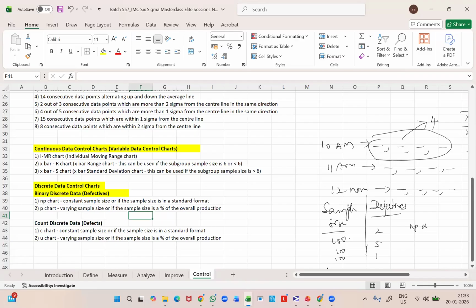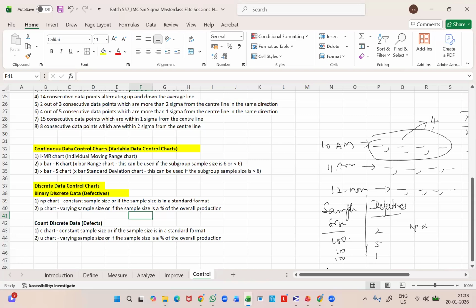But for varying sample size, they wouldn't have mentioned that the sample size is varying. They would have mentioned it as the sample size is a percentage value of the overall production. So when they have mentioned that, we need to understand they are referring to the varying sample size, right? So in that case, we'll be using P chart for that scenario.